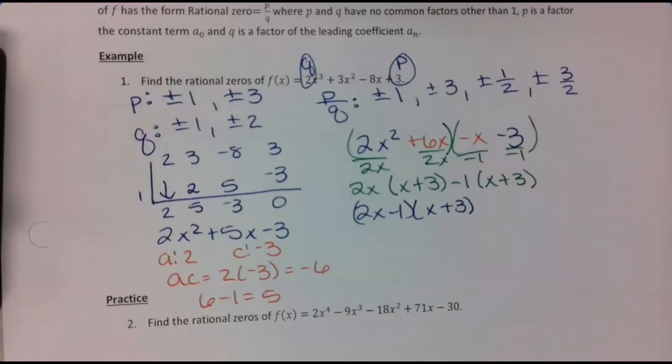So this question is asking for rational zeros. I want to take those and set them equal to 0.